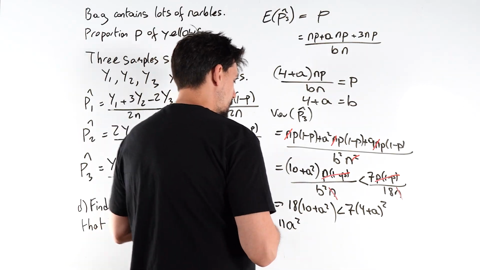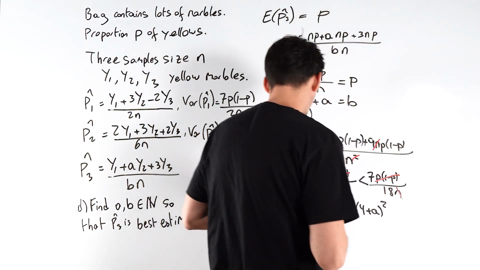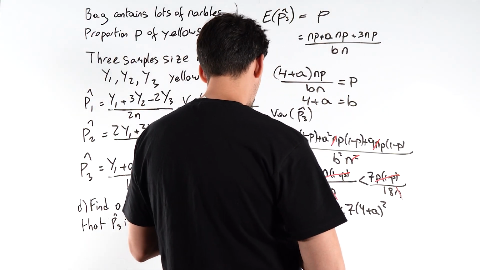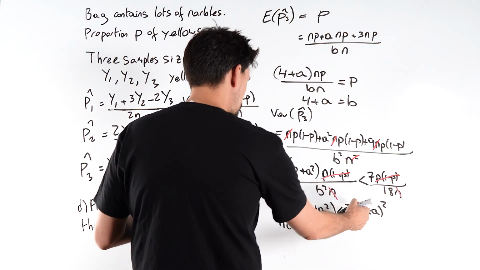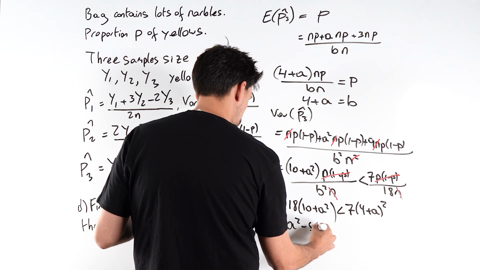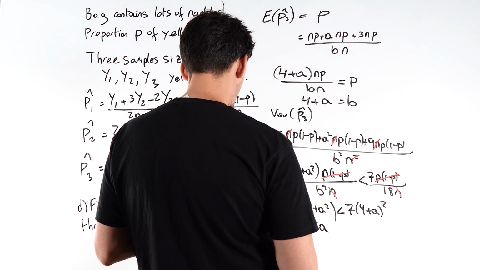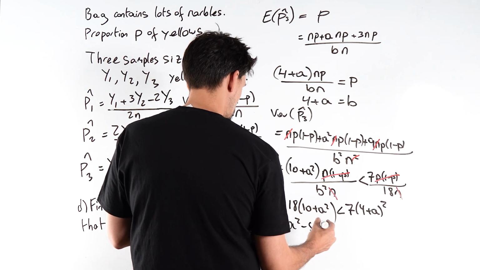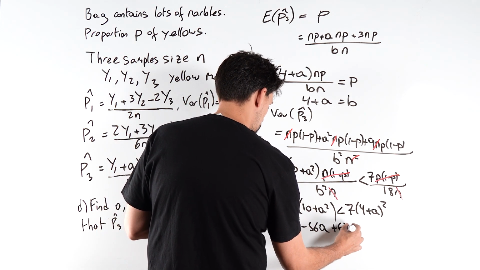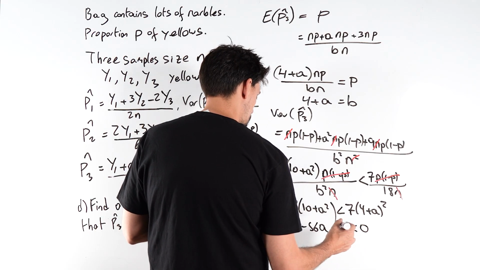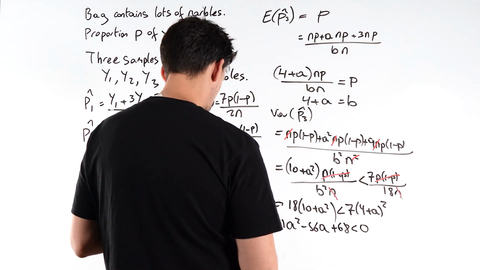We might need the calc for this, I won't lie. 8 times 7, we're going to get 56 a's from there. And then 180 minus 7 times 16 is 68. That's got to be less than 0.